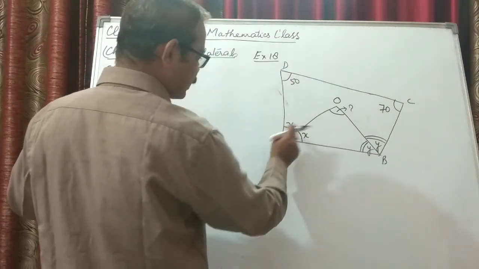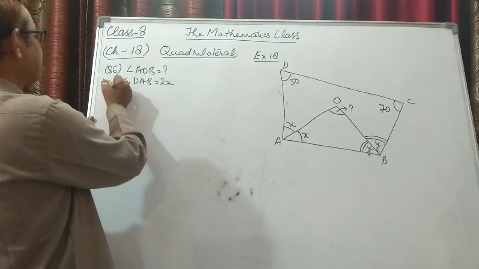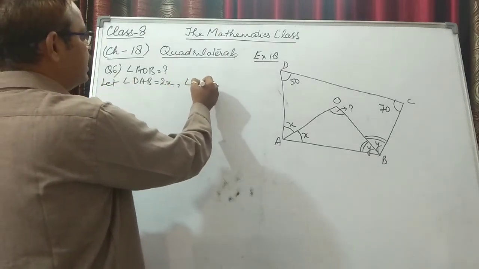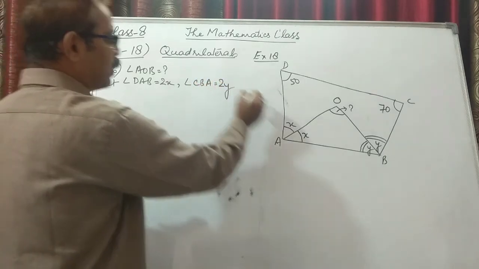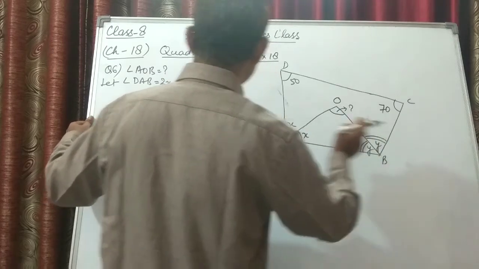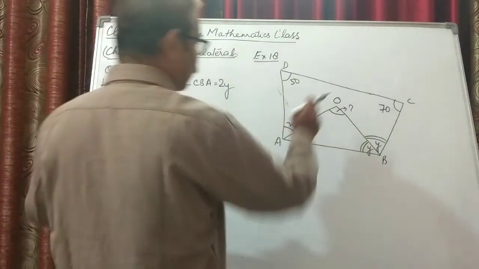DAB, x and x, 2x. And let angle CBA is equal to 2y. CBA, this and this, y and y is 2y. Now we need to find this angle.